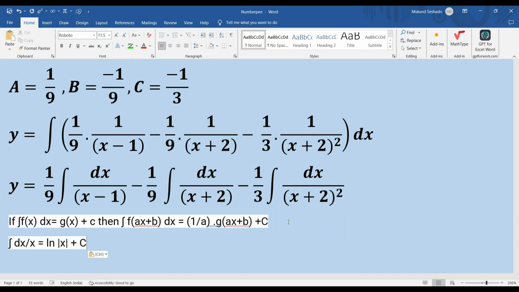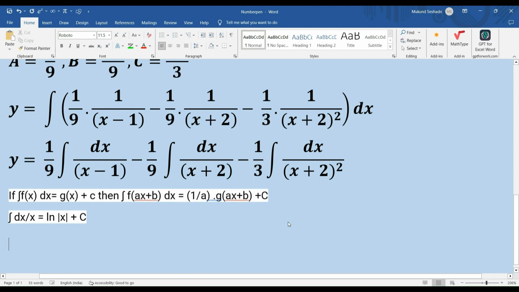So there we are. Assuming I know the integral of f of x dx equals g of x plus c, then my integral of f of ax plus b times dx is equal to 1 by a times g of ax plus b. And the integral of dx by x equals ln of mod of x plus c.